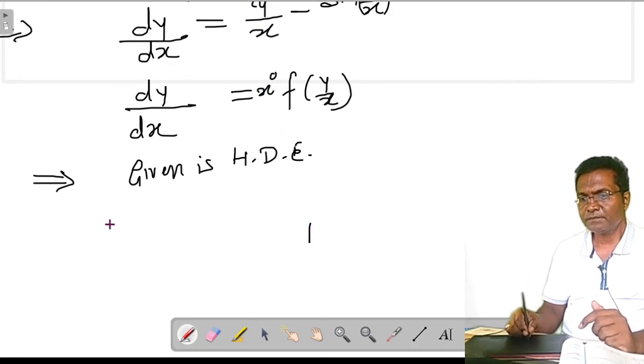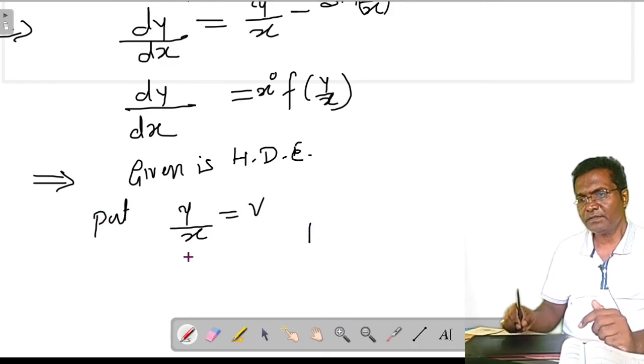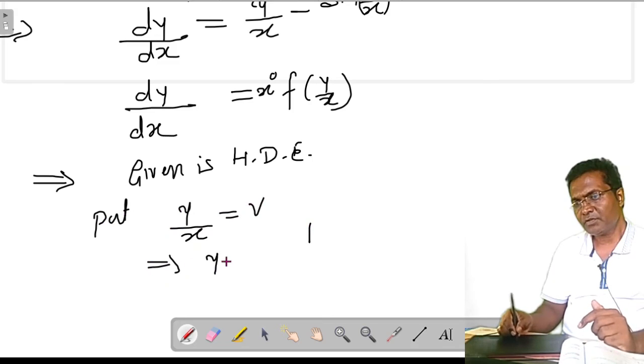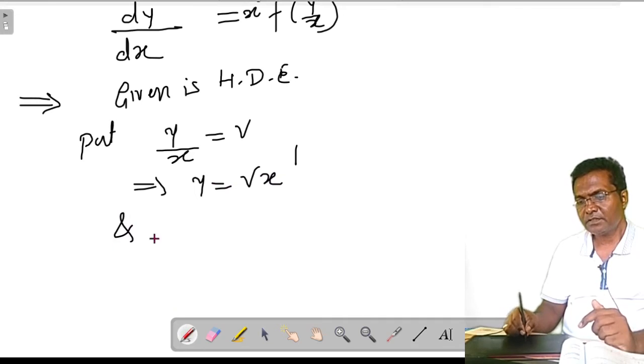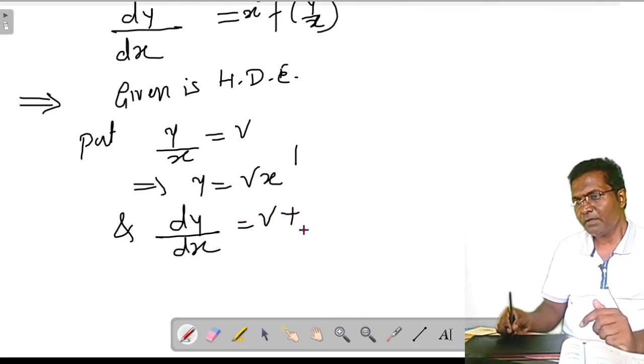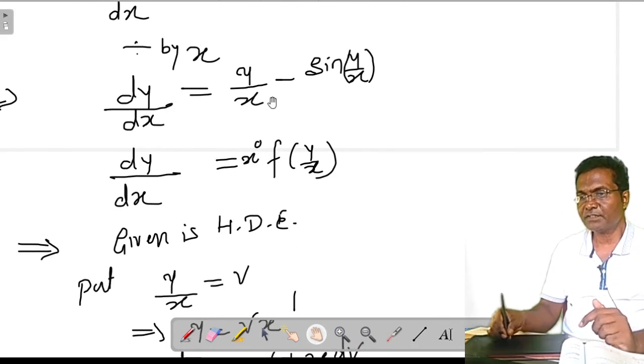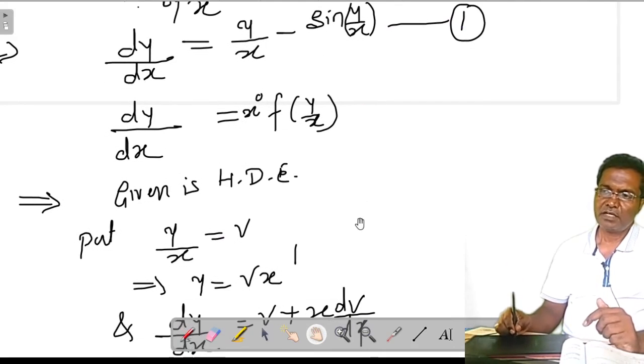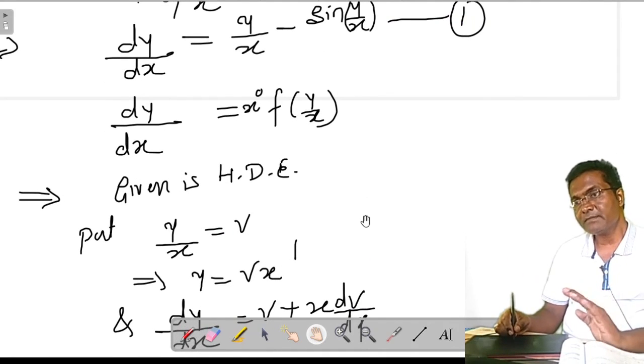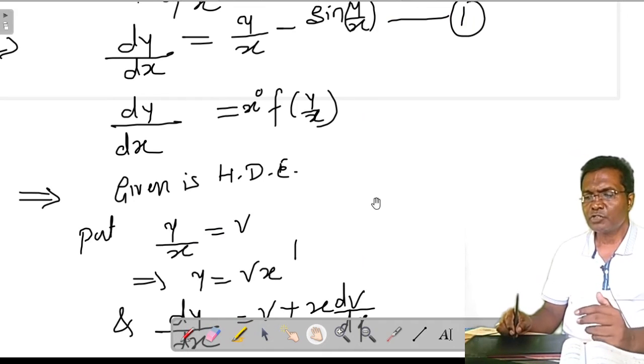Now you have to put y by x equals v, that is y equals vx, and its differentiation dy by dx is v plus x dv by dx. Make all these substitutions in this equation. You can call it equation 1. If you feel my speed is a little bit high, you can slow down.